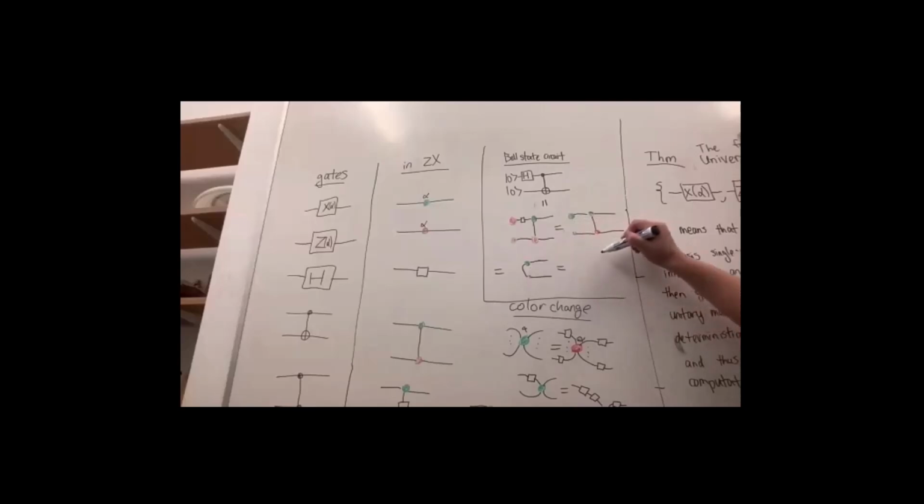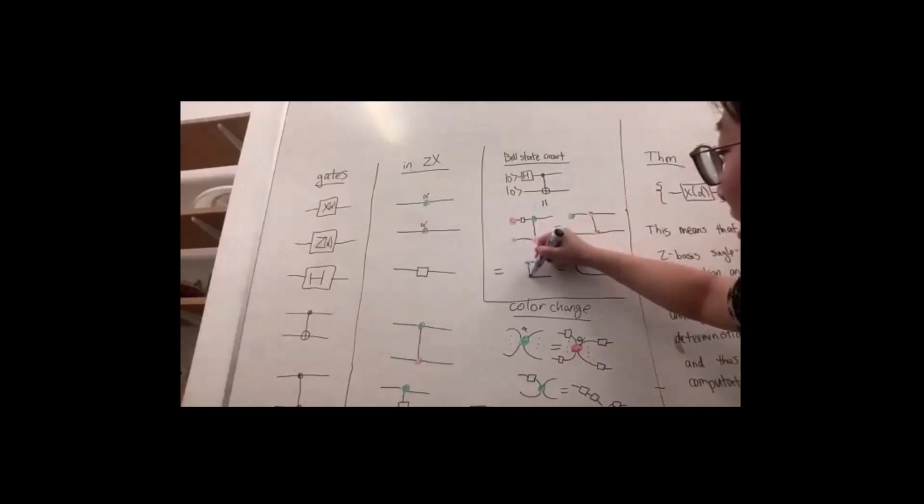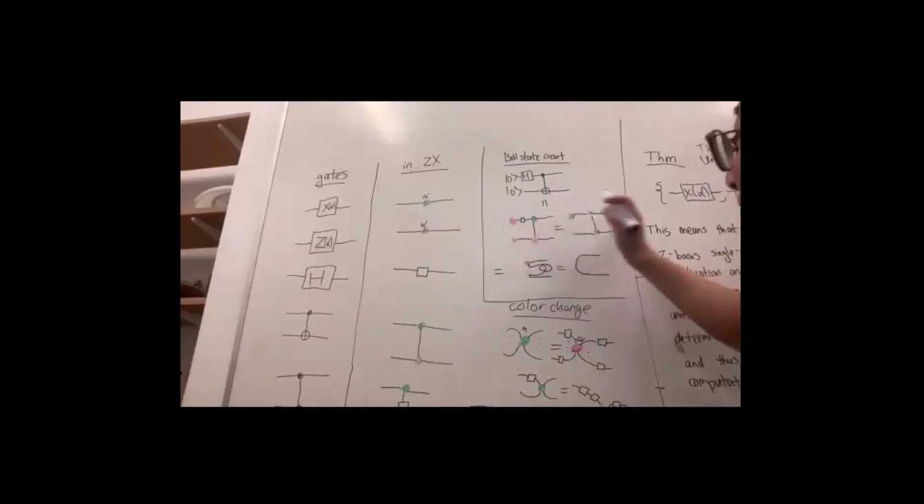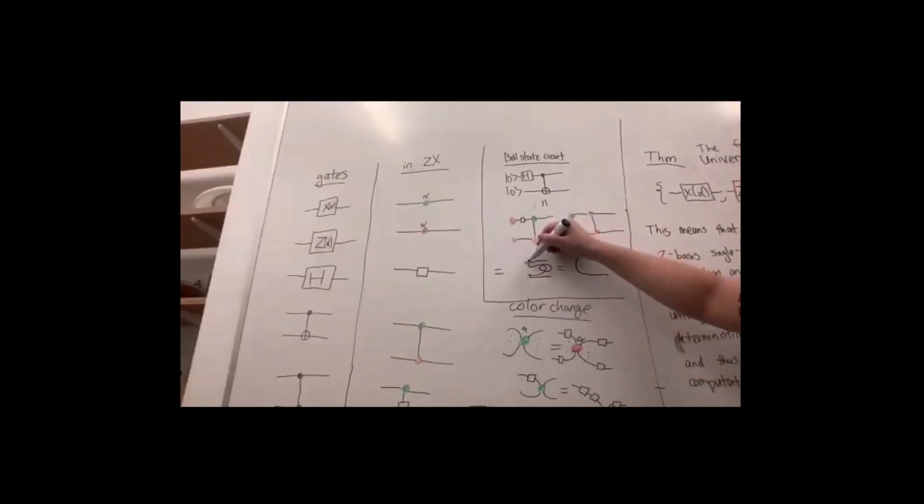So you can just take away both of them, and you exactly get this. So by the way, this straight edge, it could have also been like this, or like this. It's not important because this rule that you can take away this spider doesn't matter which direction the legs are.